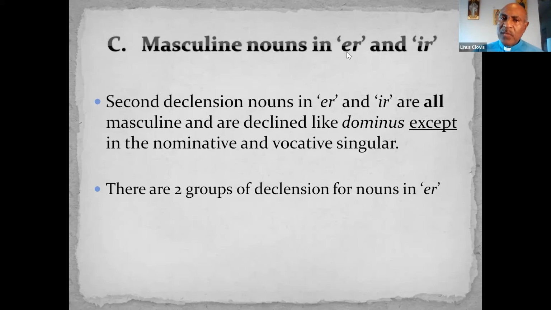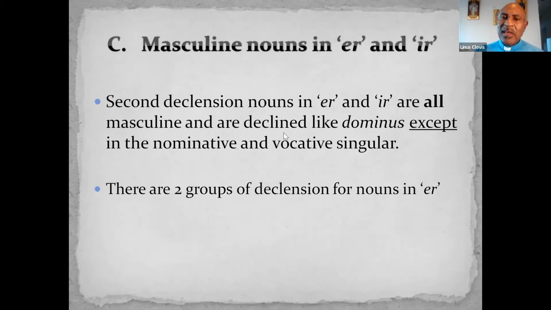And when you say end, we're talking about the nominative case. So we have them ending in ER and IR. It'll become a little clearer as we go on. So we have the second declension nouns in ER and IR are all masculine. So that makes life very easy.